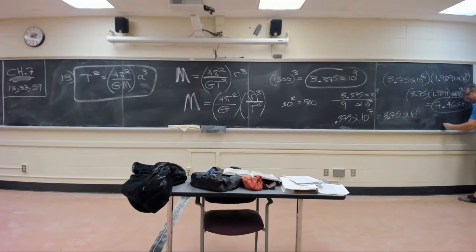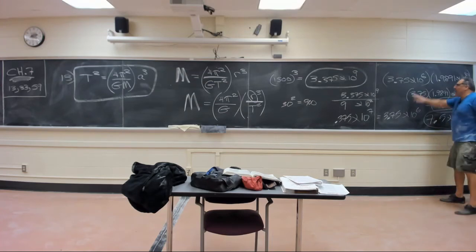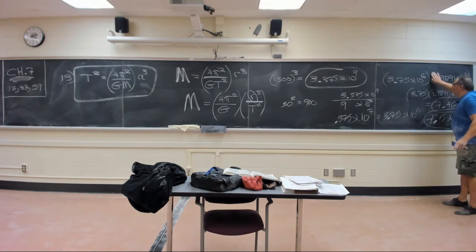I think the way I got it, they rounded it to just two places, 7.5 times 10 to the 36 kilograms. I'm not trying to belittle the whole thing. This don't mean a whole lot. What means a whole lot is this, right here.